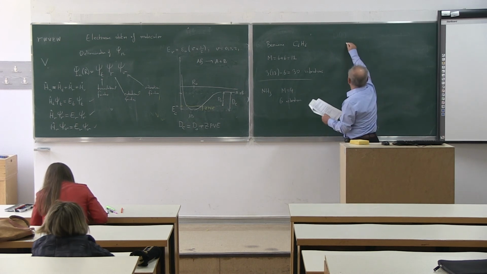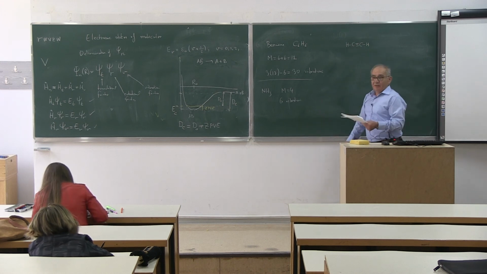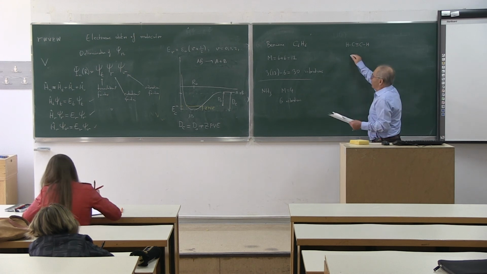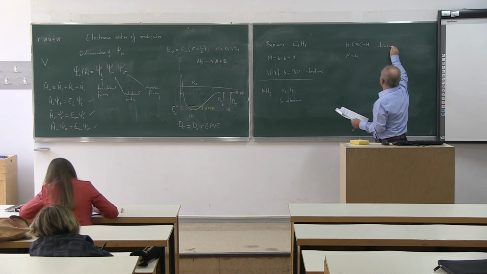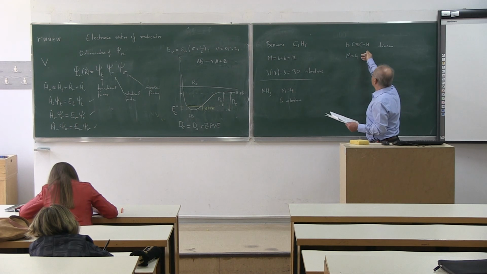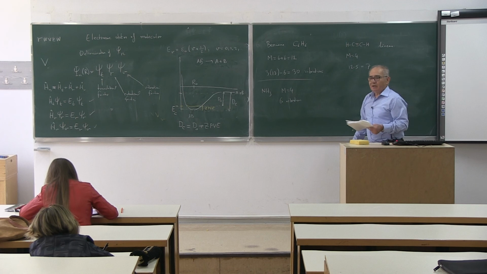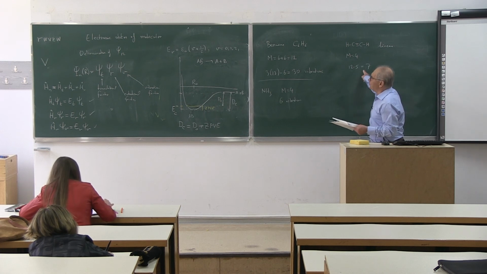Another one is acetylene. Now this molecule is a linear molecule. M is 4. The number of vibrations will be 3 times 4, 12, minus 5, or 7 vibrations present in this molecule.